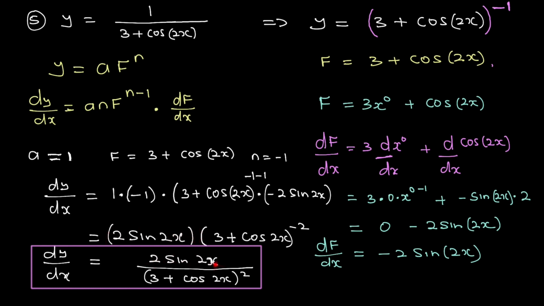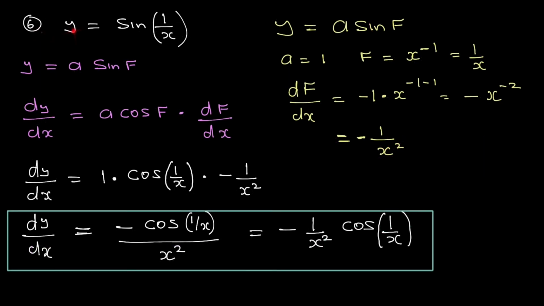So that's okay. That's that one. But I need to rearrange that one now. Because it's to the power minus 2, that will be 1 over, so that's why it's in the denominator. So now 1 over f squared is equal to f to the power minus 2. So we've got here f to the power minus 2, and I just put it back in that format. So that's what that is.